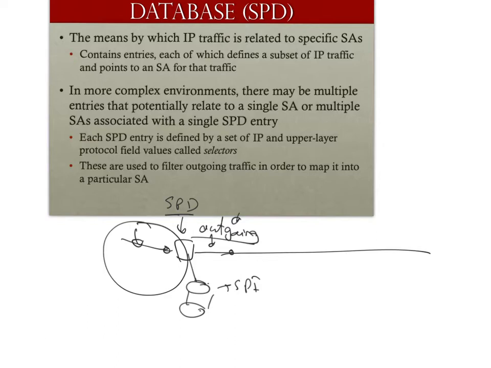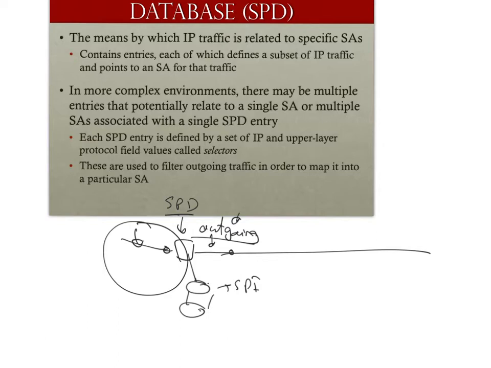In a more complex environment, there may be multiple entries that potentially relate to a single security association. So we can have multiple lines in the security policy database that use the same SPI or the same security association. It's possible. So for example, I have a tunnel mode, which is a tunnel between two routers or two firewalls, right?